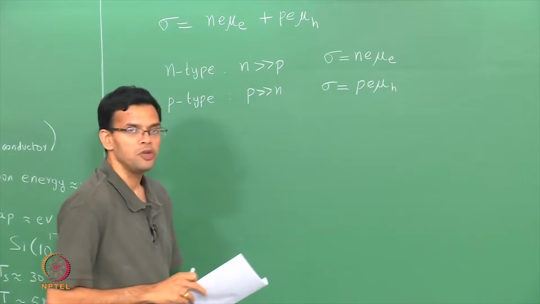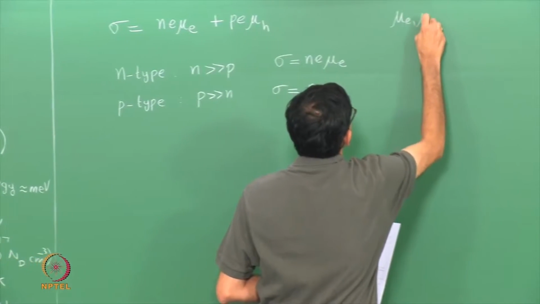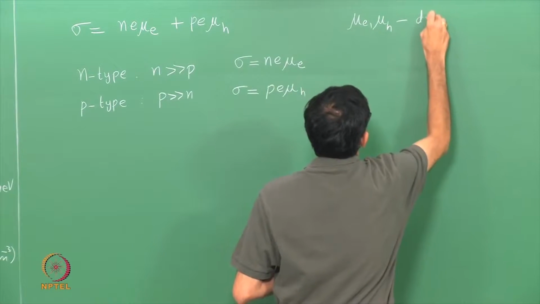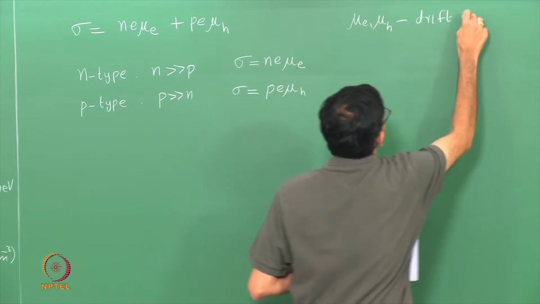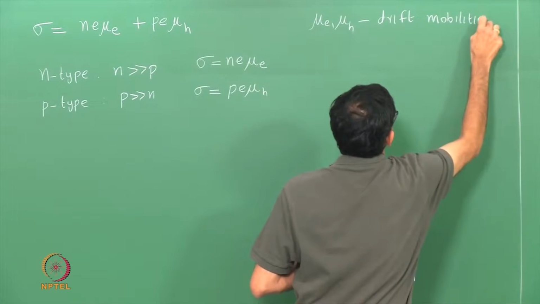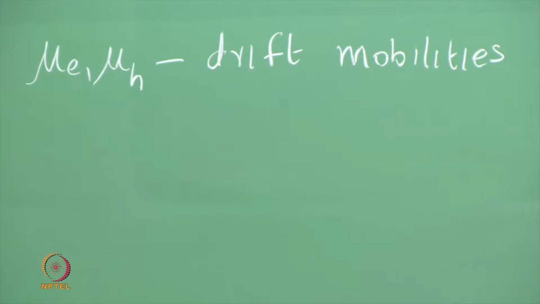We have seen mu E and mu H earlier. Mu E and mu H are the drift mobilities. So, mu E is the mobility of the electron in the conduction band, mu H is the mobility of the hole in the valence band.